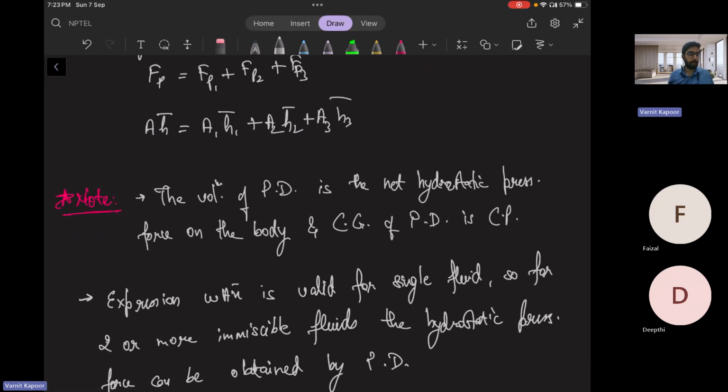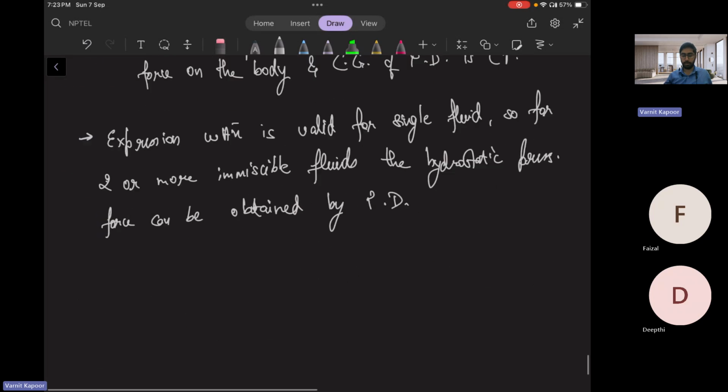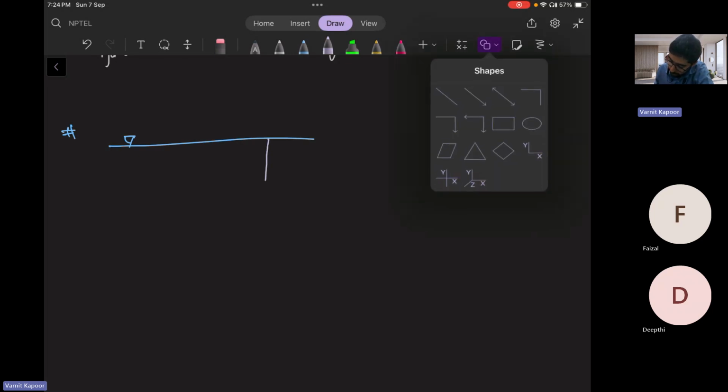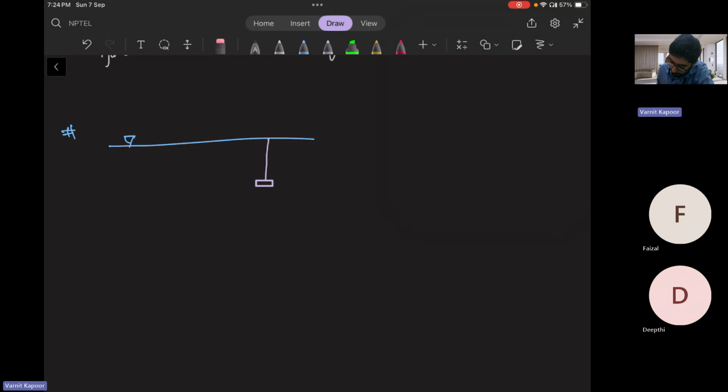Now, suppose a free surface is like this. Okay. And my plate is at some depth.